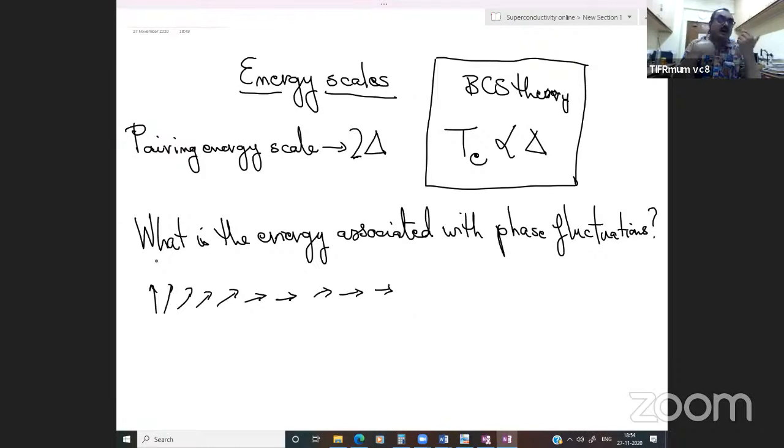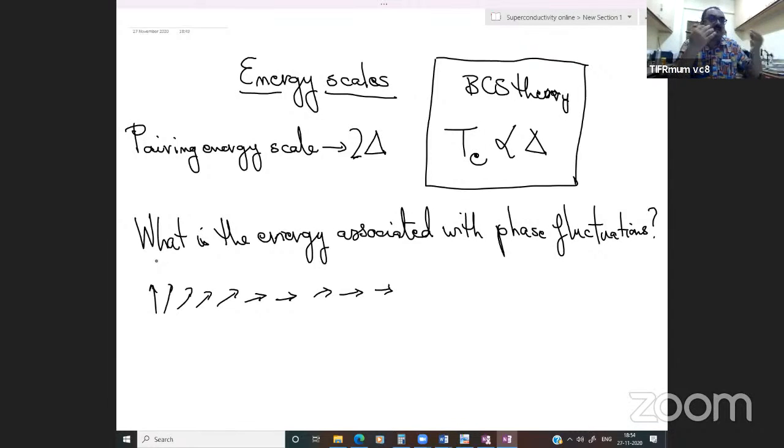Now we will take the other route. We will assume that depairing does not exist. So that means we are at low enough temperature, where the temperature that we are dealing with at the moment is much smaller than delta by kB. So there is not much depairing. And if I freeze depairing, then what's the energy cost associated with phase? Now remember, these are approximations because I cannot do anything better.